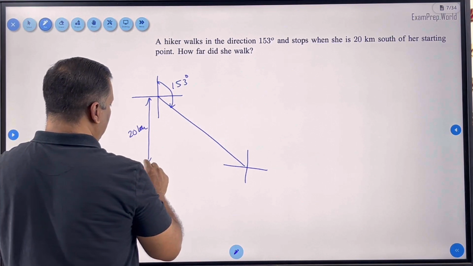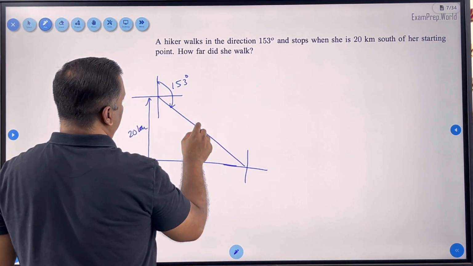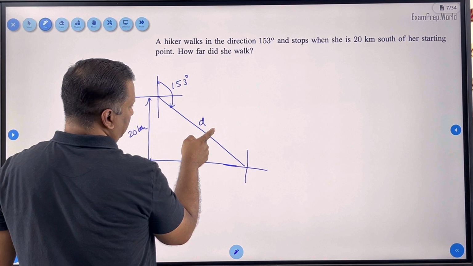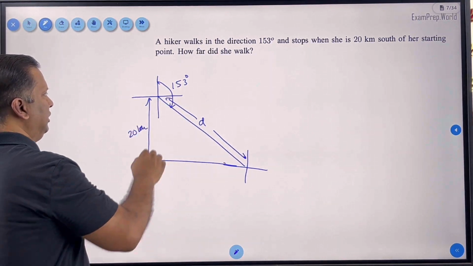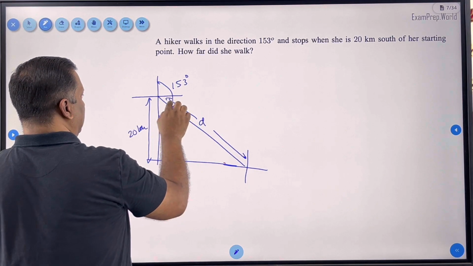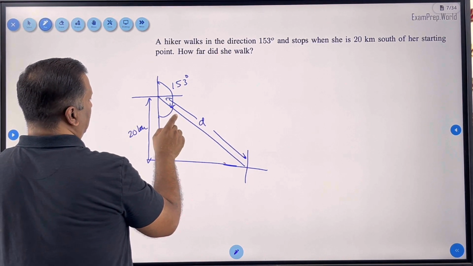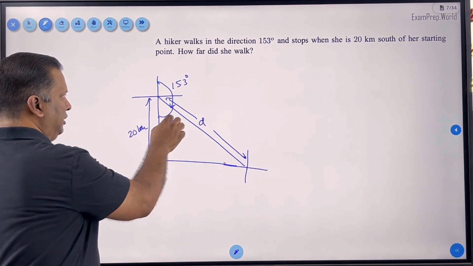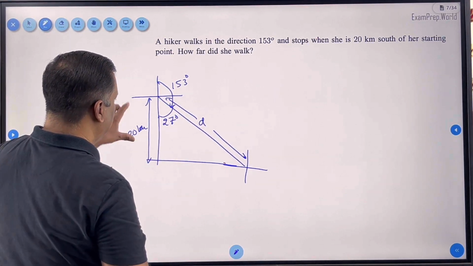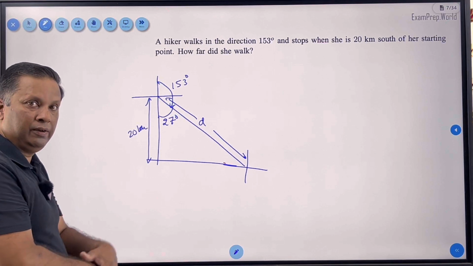So they want you to find how much distance she walked. This distance. How will you find out? If this is 153, this angle is 180 minus 153, which is 27, right? And this is 20. To find d, I will use cos.